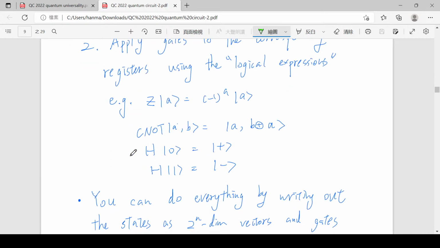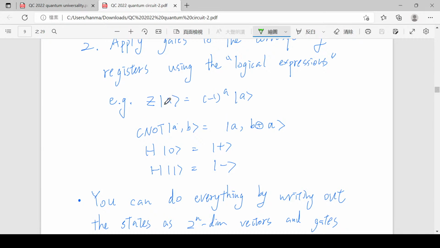And here what you want to do is be smarter. So when you apply the gate on the state, you want to look up the gate location, and you want to apply the gate as some kind of logical expression. So when you apply the gate, you know you are adding a minus 1 when a is equal to 1.